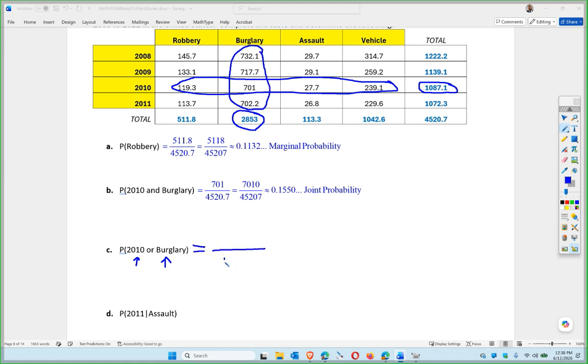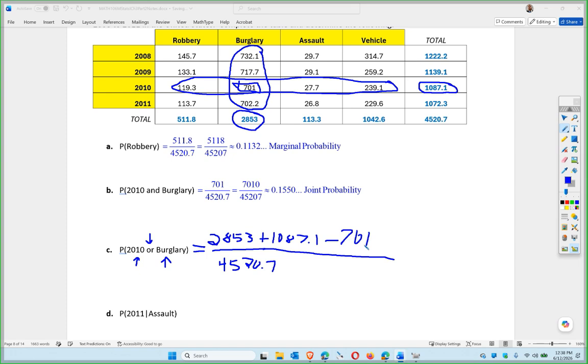So this is out of the 45,207. So I have to add those two numbers, right? So the 2853 plus the 2871, right? But remember, whenever you do an or scenario, you have to subtract out the overlap. Well, what's the overlap? Well, we hit this one twice, didn't we? So that's 701. Okay. All right.